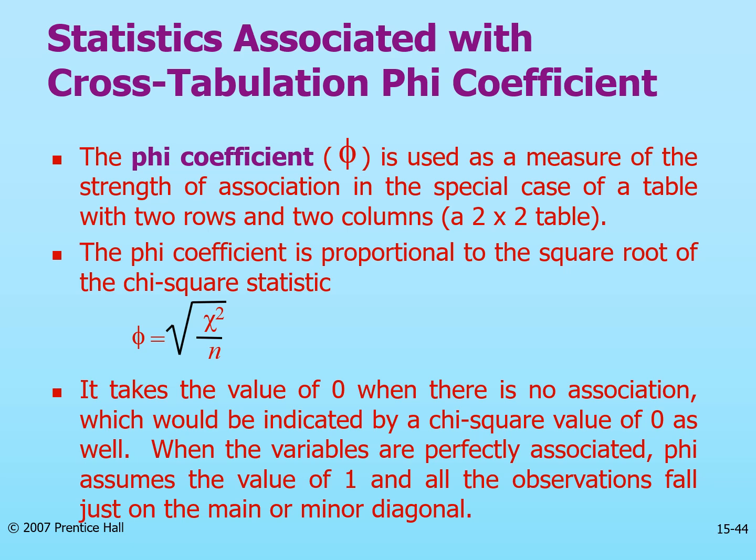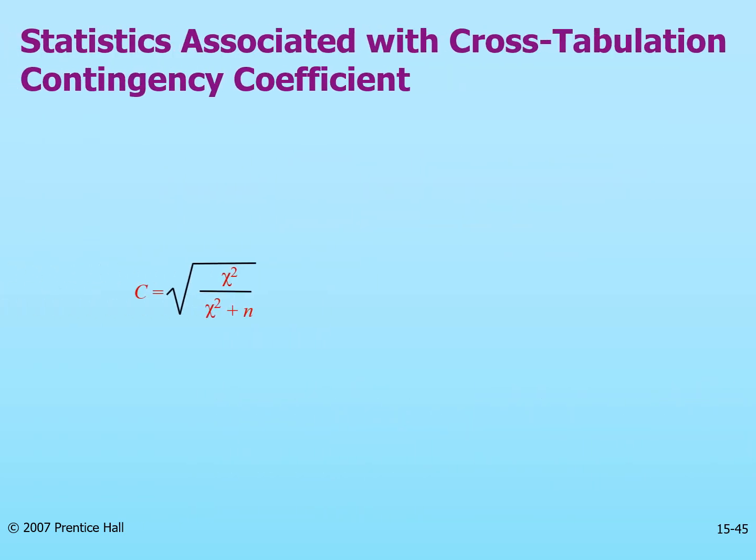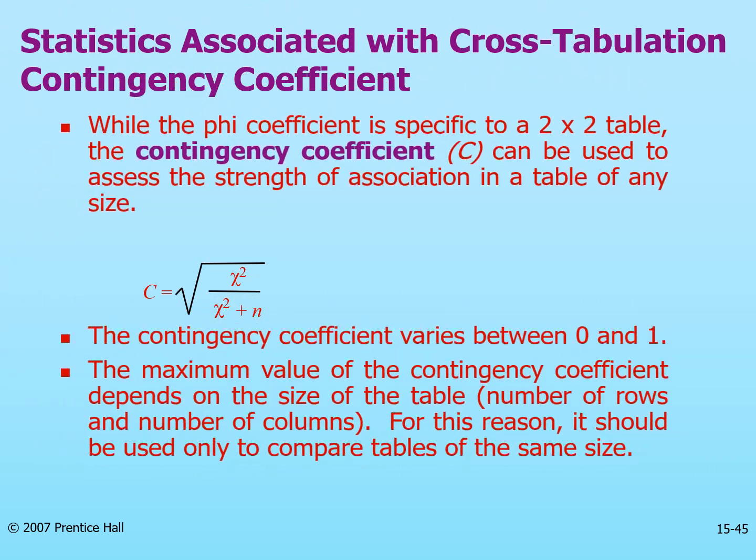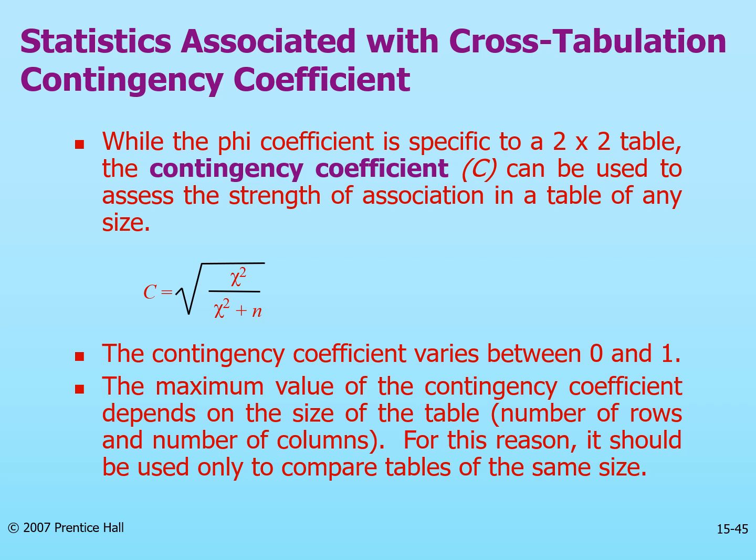When the variables are perfectly associated, phi assumes the value 1, and all observations fall on the main diagonal. So here, friends, you can see that cross tabulation is being done. The phi coefficient is specific to a 2 by 2 table.